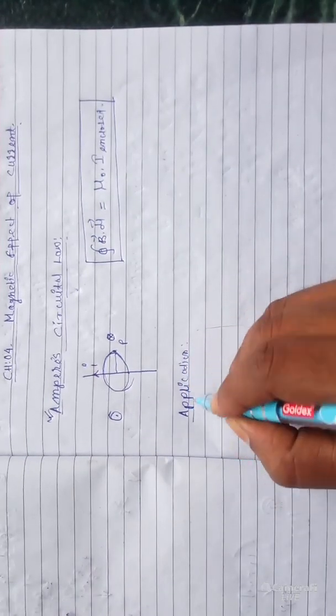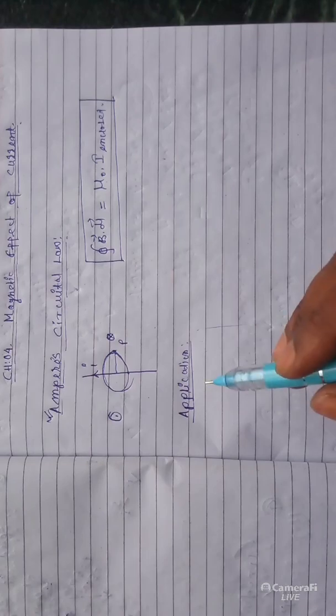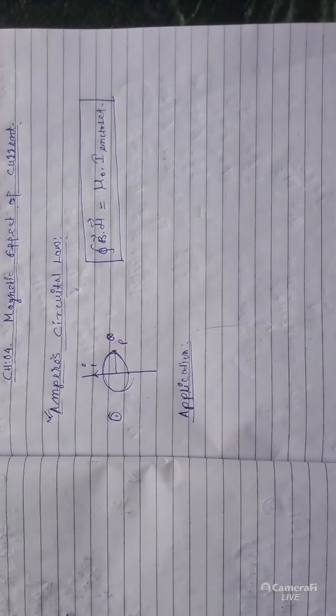We have already calculated the magnetic field due to an infinite current carrying conductor as mu naught I by twice pi r, and using Ampere's circuital law we will get the same value but in a very simple process.